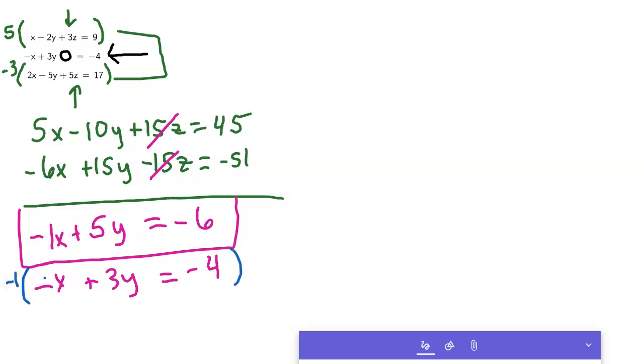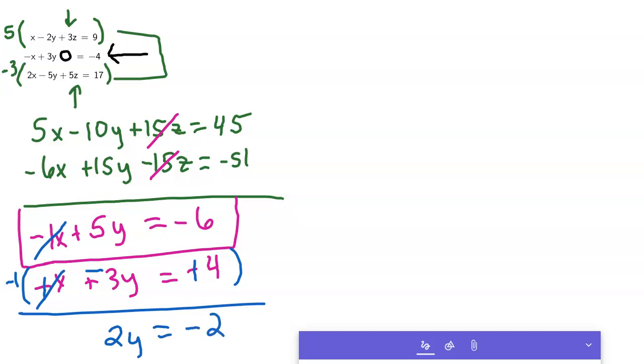So if you do that, this becomes positive, this becomes negative, this becomes positive. So it just changes all your signs. And now when you add down, the x's cancel. And so you'd have 5y minus 3y, which is 2y, and negative 6 plus 4 is negative 2. And so y would have to be negative 1.